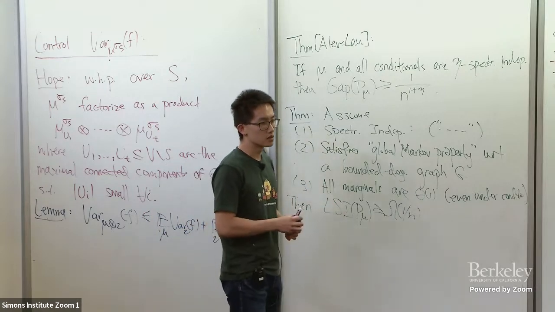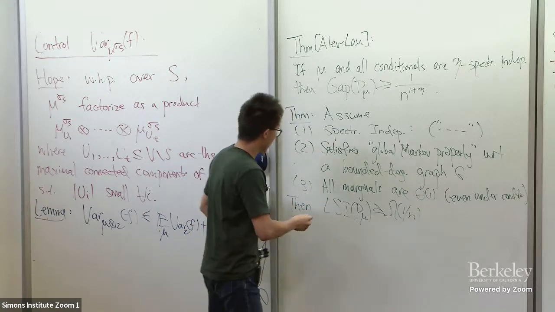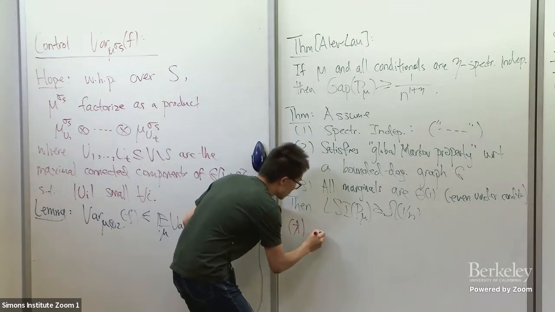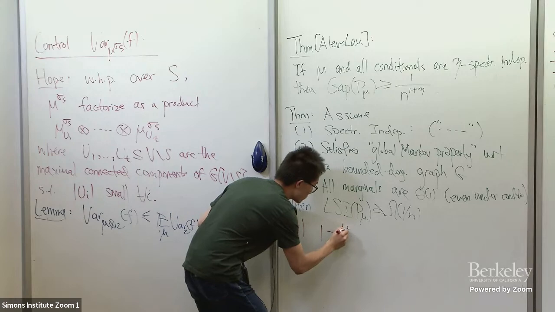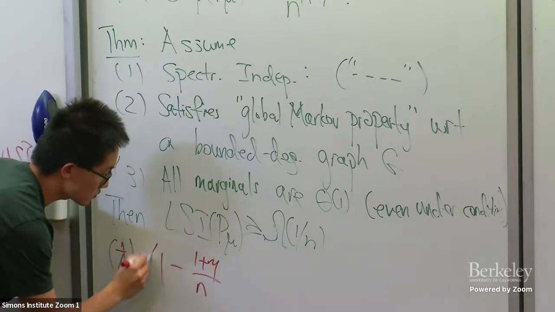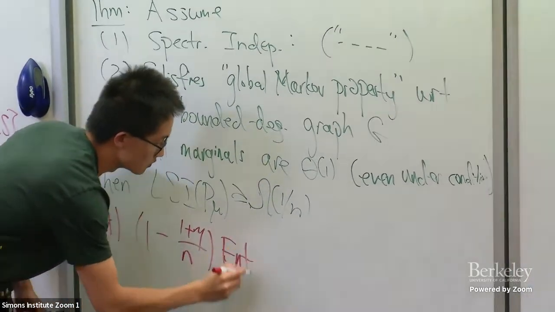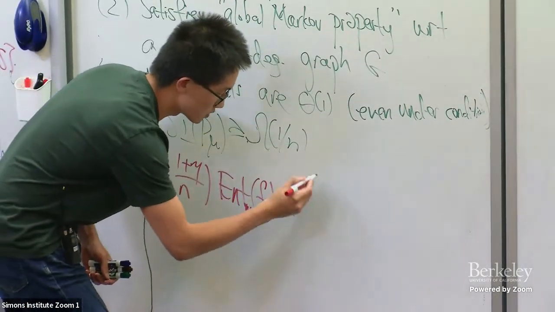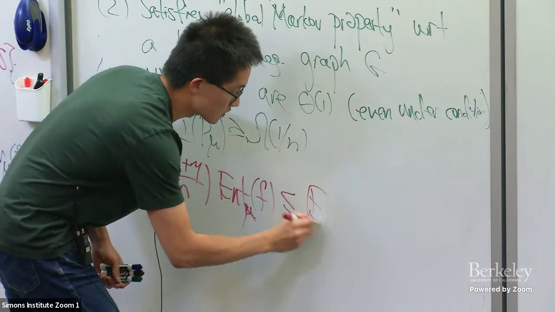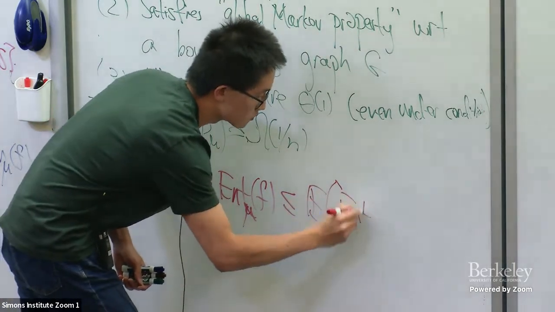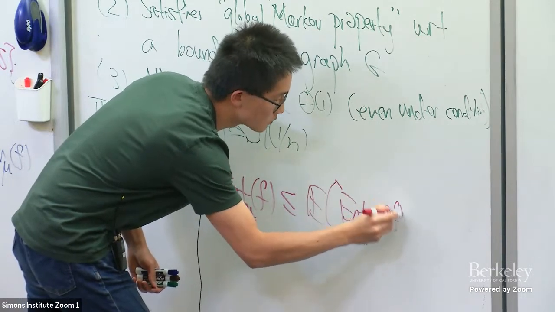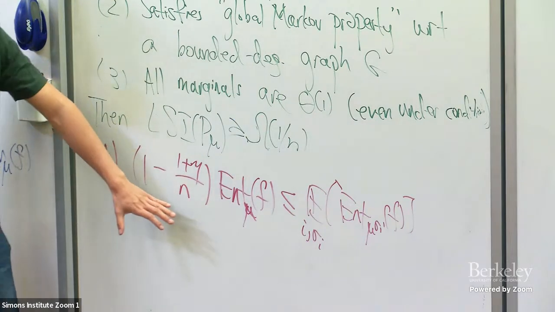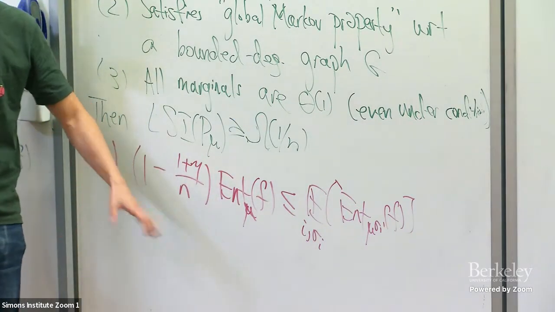And for MSI, you also need it. Remember the star inequality: we want 1 minus something times entropy of F at most, say, entropy. If you have variance here, this is exactly what you get from spectral independence.